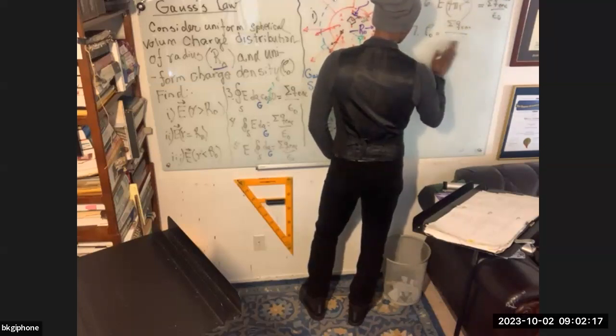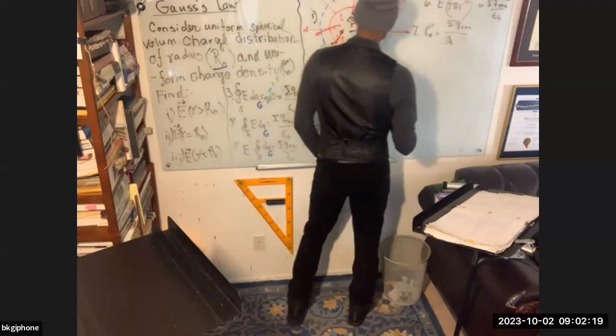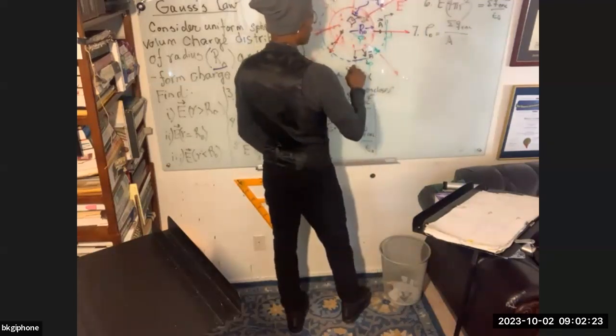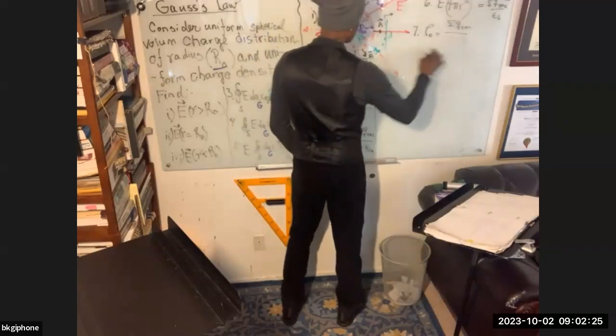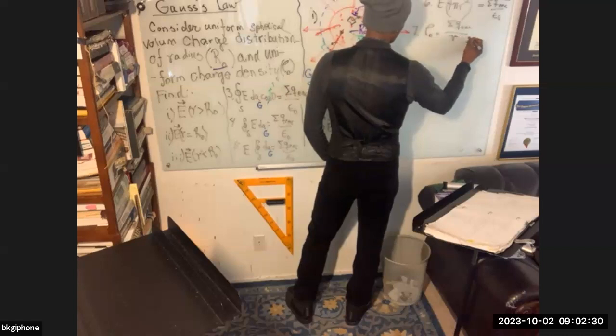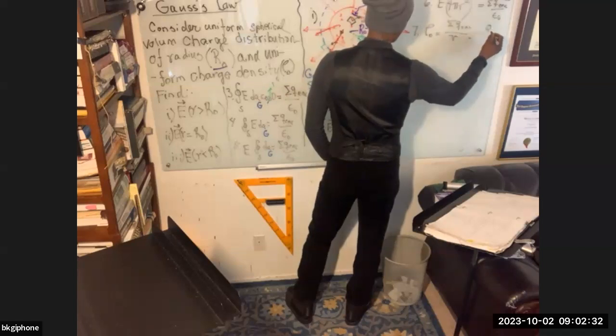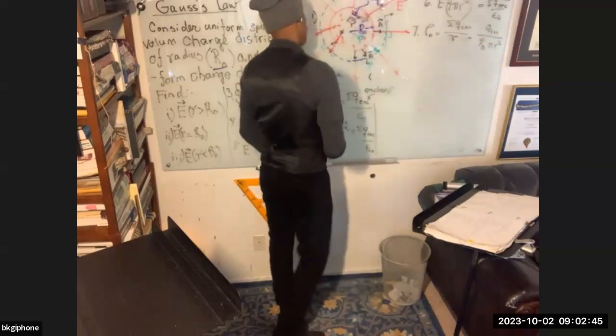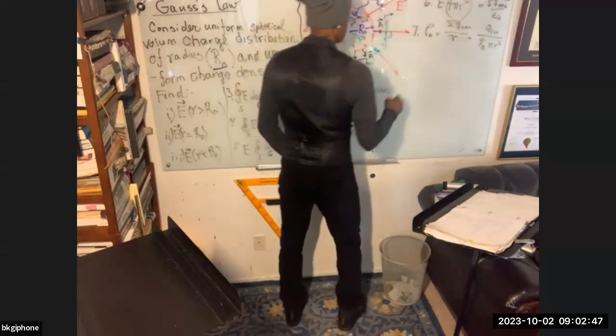And down here, this is going to be the volume of my charge distribution. That ends up being the total charge on the thing, Q total, divided by the volume, 4/3 pi r cubed.